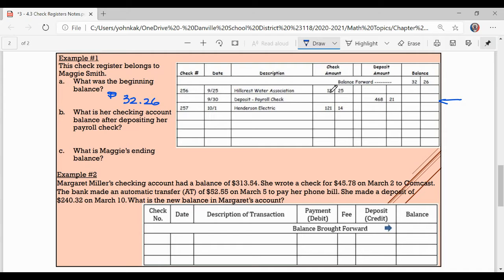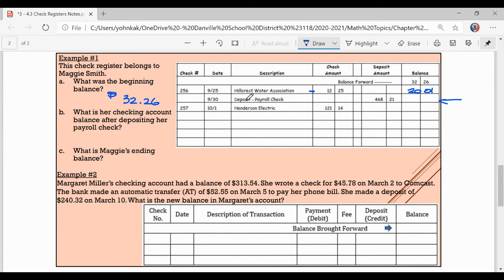A check is going to be subtracted. So I'm going to do 32.26 minus 12.25, and that gives me $20 and a penny.